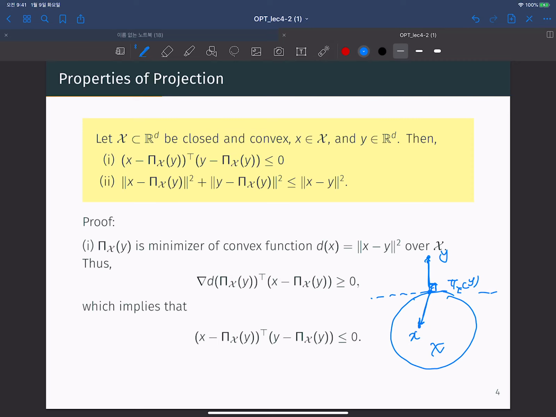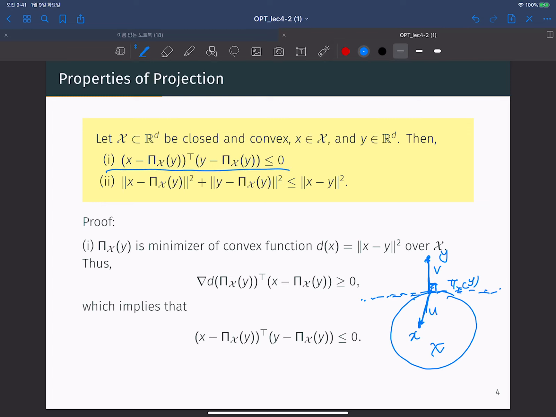So when you think of this reference line, this vector is orthogonal to the reference line, this tangential line, and this vector is located on the opposite side of this vector. Okay, so let's say this is u and this is v vector. Then definitely the inner product between u and v must be negative. So this is the first property.